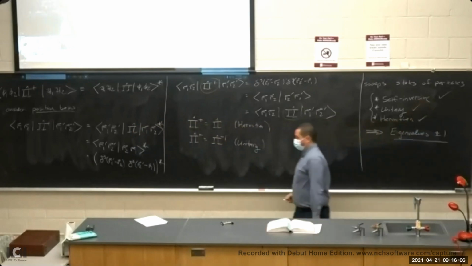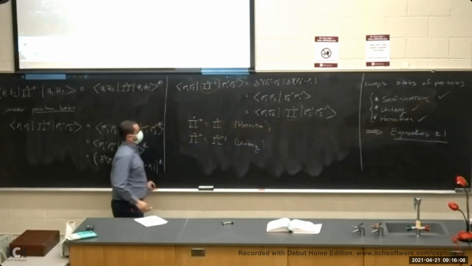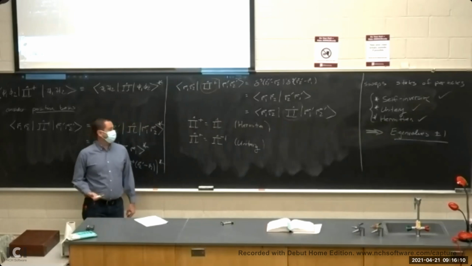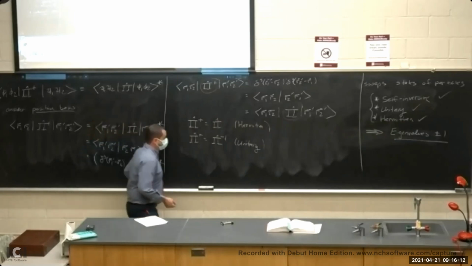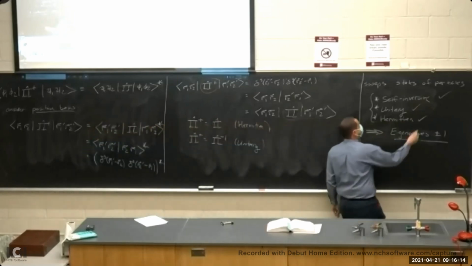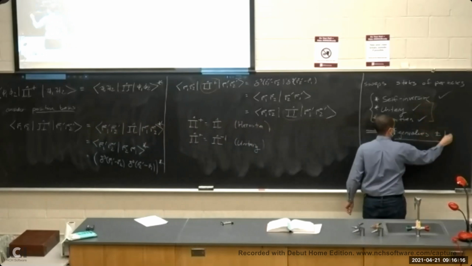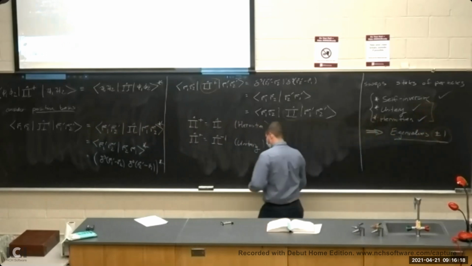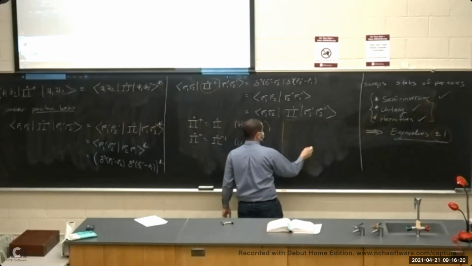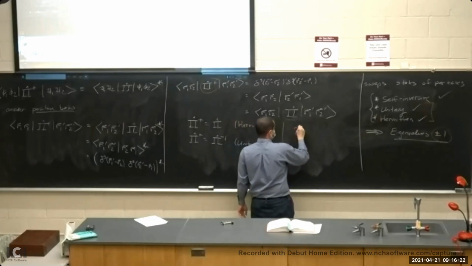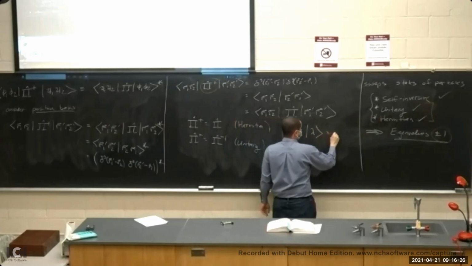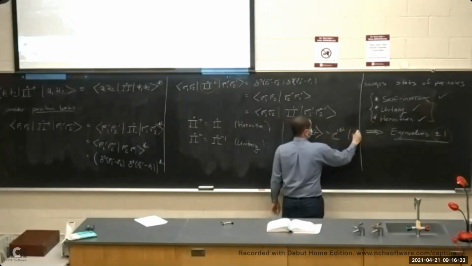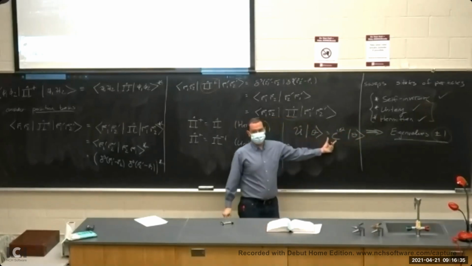Okay, great. So the exchange operator looks a lot like parity. It is self-inversive, unitary, and Hermitian. And the combination of being unitary and Hermitian at the same time guarantees that it must have eigenvalues plus or minus 1. We showed a long time ago that any unitary operator acting on some eigenstate must have eigenvalues of unit modulus. So let me call this theta. It has to be something of the form e to the i theta.